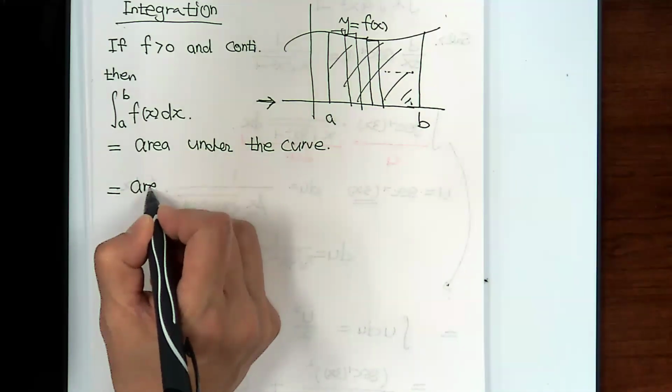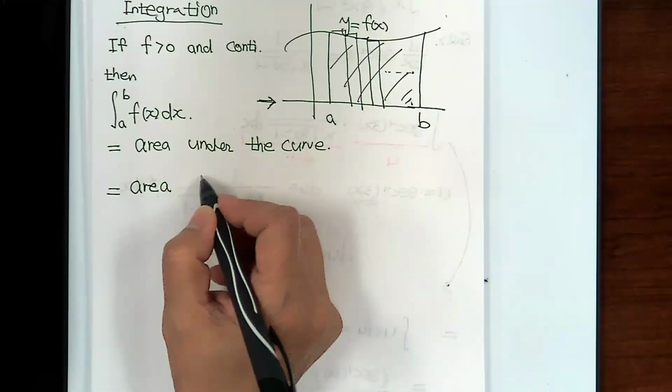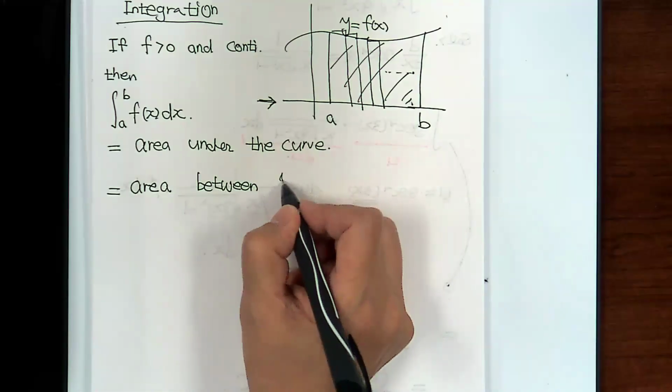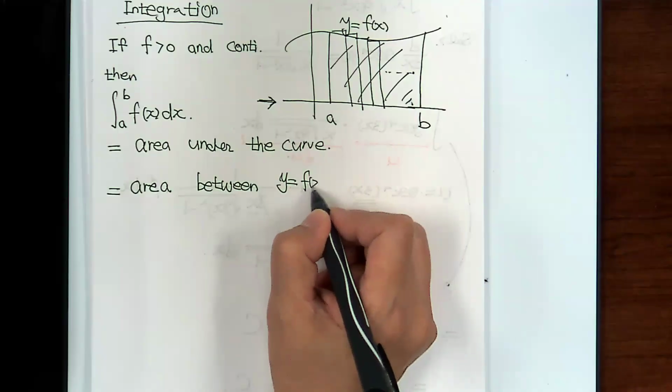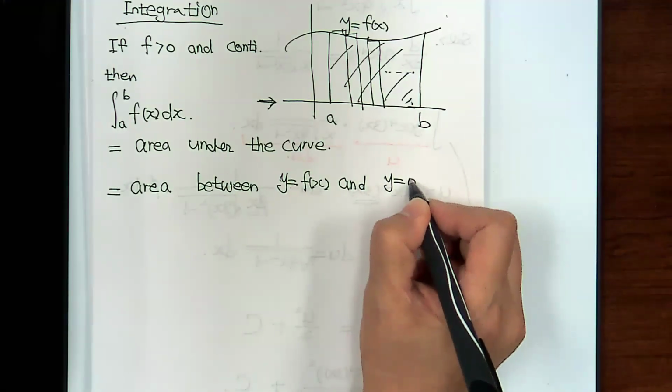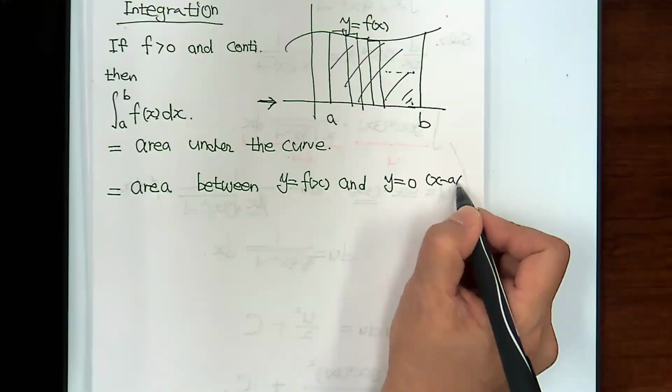So we can say that is the area between y equals f of x and y equals 0, which is the x-axis.